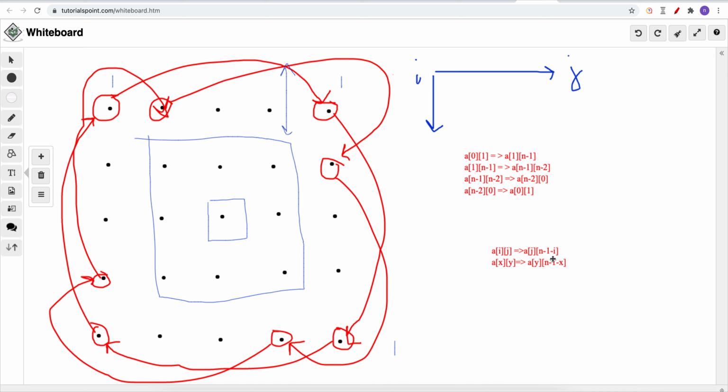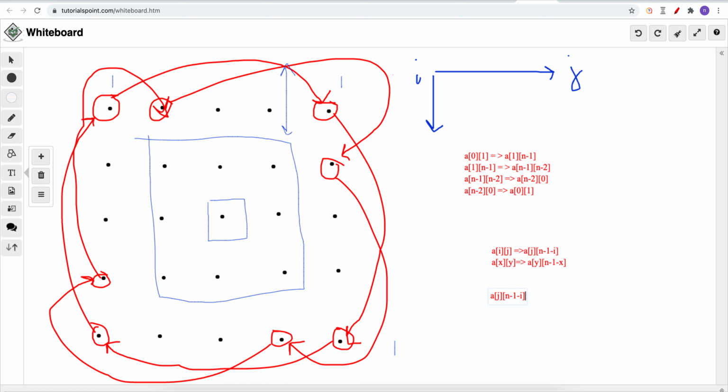So let's say we get the formula for the first node, we start writing the formula for other nodes also. So what will be the second node? Second node is j, n minus 1 minus i.